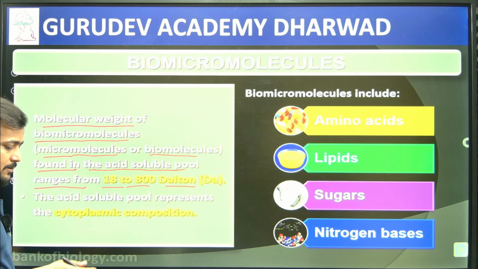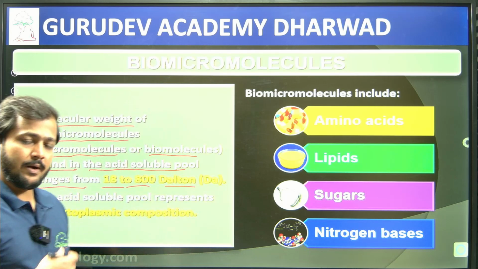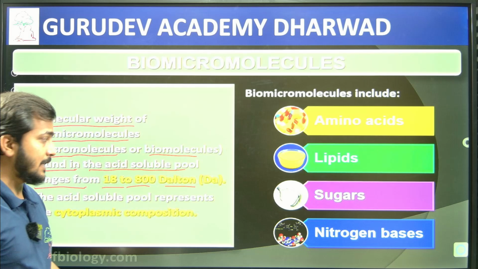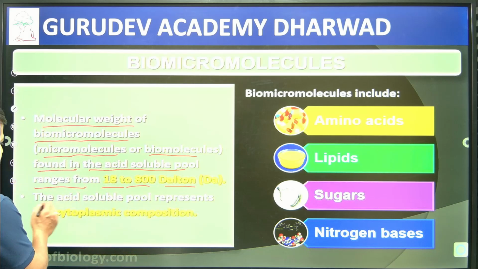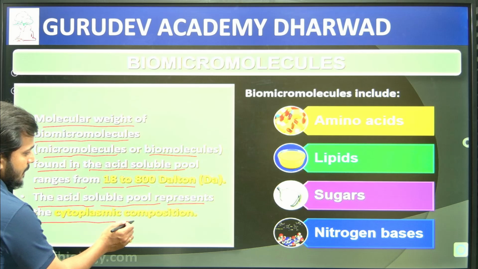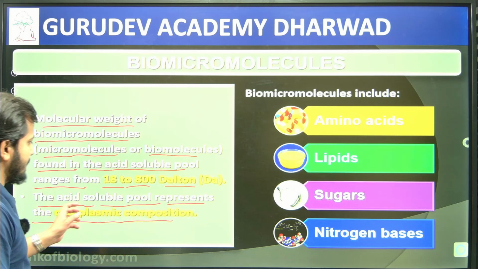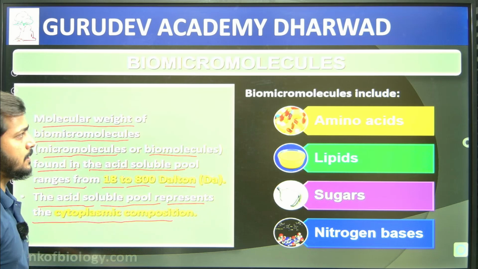As we have studied before, molecules with weight less than 1000 Dalton are considered biomicromolecules. The acid soluble pool represents the cytoplasmic composition. Majorly, the acid soluble pool represents the cytoplasmic component.